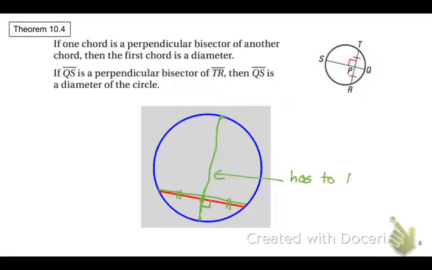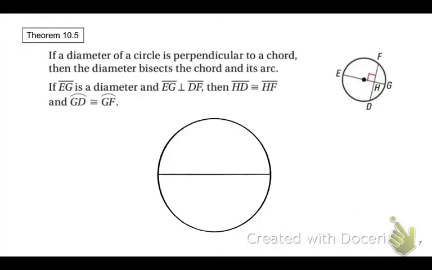Again, if we drew a chord and found the middle point of that chord, which bisected the chord into two equal lengths, here and here, and then we drew a line perpendicular to that chord, then that line would have to be the diameter. Let's look at an example of that in action.